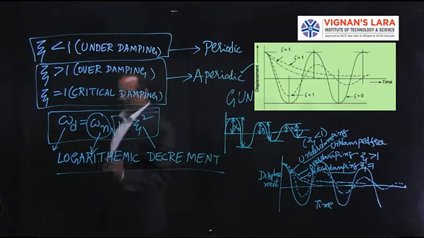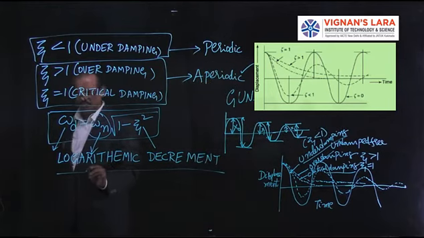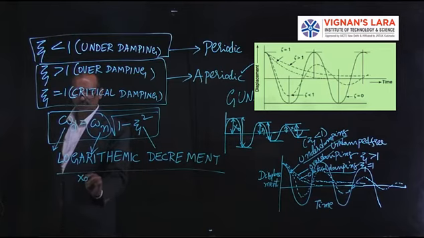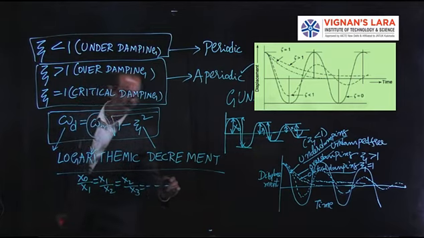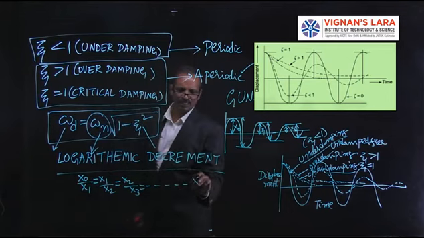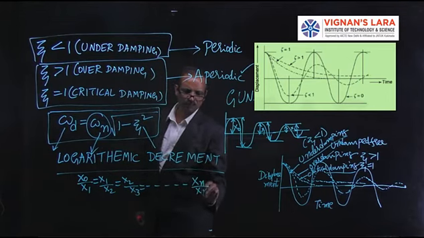So we can see one phenomenon: x0 by x1 is equal to x1 by x2 is equal to x2 by x3, and so on, equal to xn by xn plus 1.